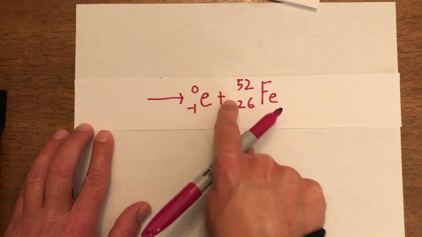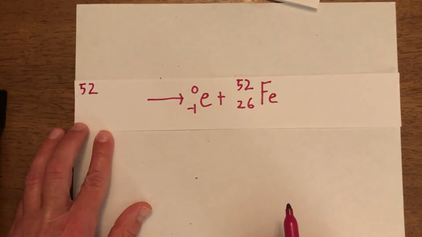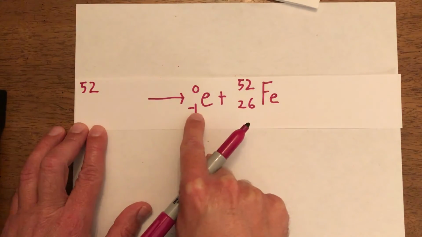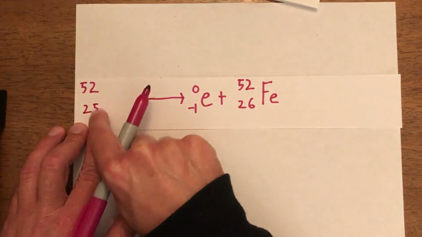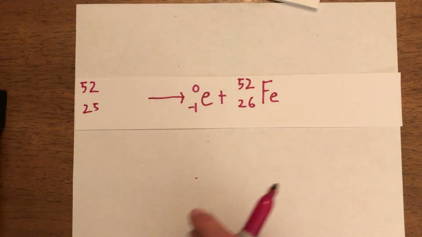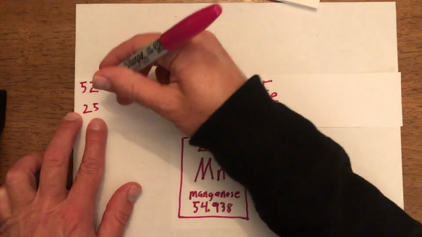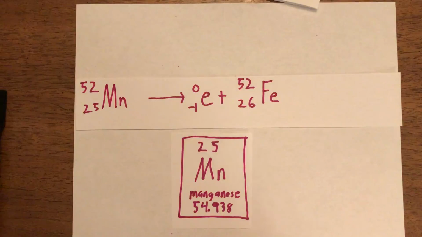Well, remember the mass number can't change, so that's still got to be 52 over here on this side. And this had to go up by 1, right? What is 26 plus -1? That's 25, because one of our neutrons became a proton and went up to 26. So we have to look in our periodic table, see who atomic number 25 is, and it's manganese. When someone says manganese, you have to say Gesundheit. So manganese is atomic number 25, and we've completed our equation.